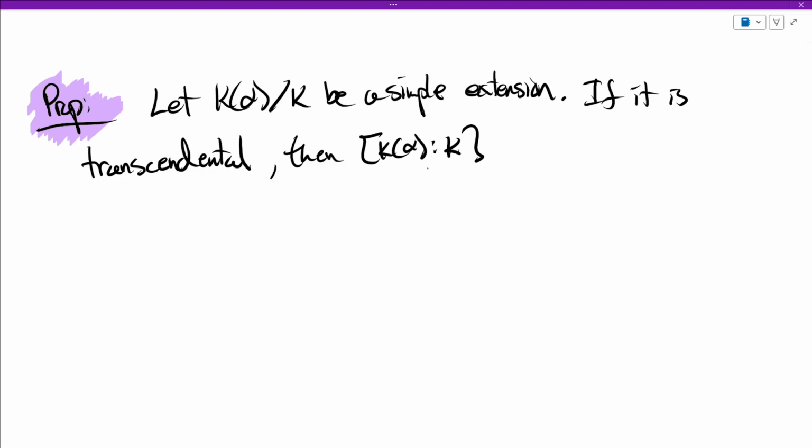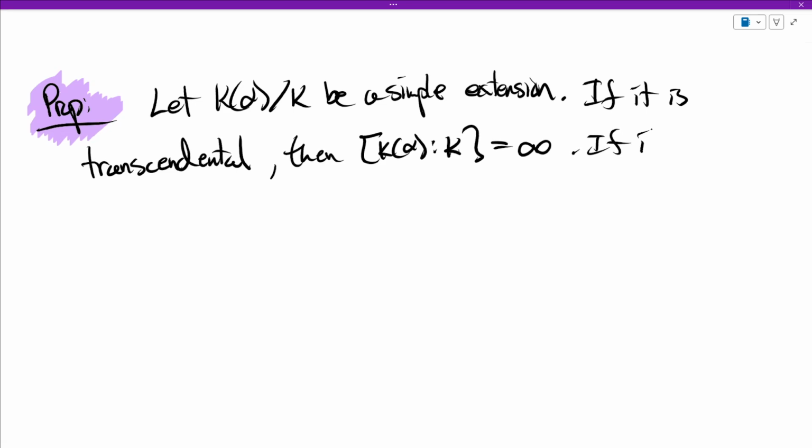But then you have to look at rational expressions in alpha, and this is big. So this is infinite. If you care about cardinalities, this is countably infinite, but nevertheless it is infinite.